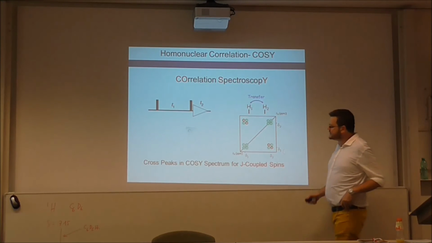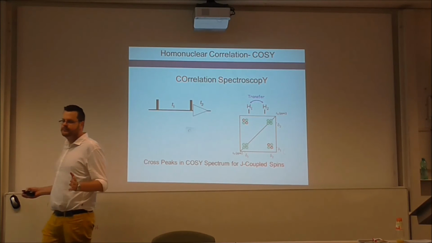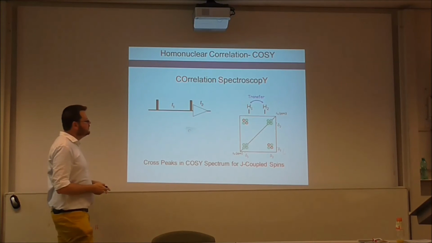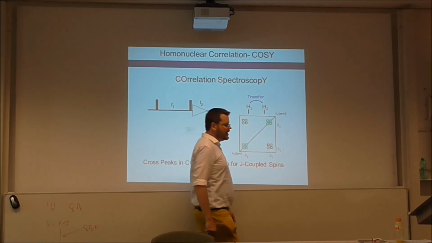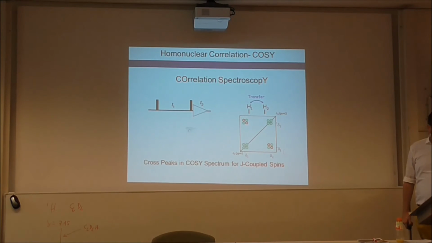Don't worry about this. We call this in general COSY, correlation spectroscopy. We have different types of COSYs. This is what we've just looked at, an HH COSY, right? So this is a homonuclear spectrum with two frequency domains which are identical in terms of the nucleus.